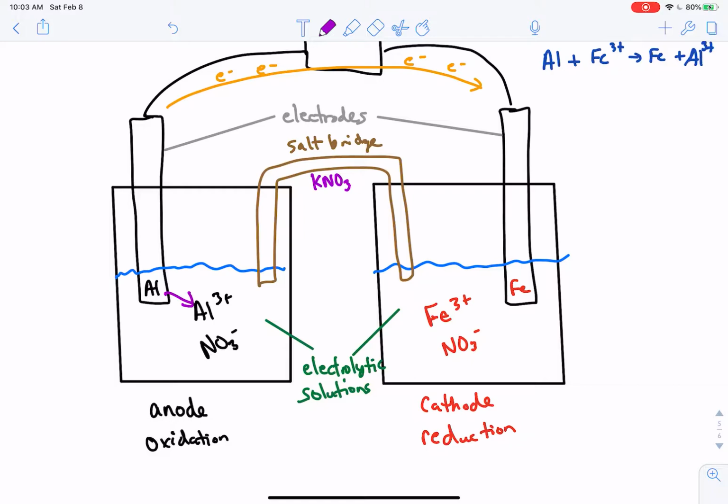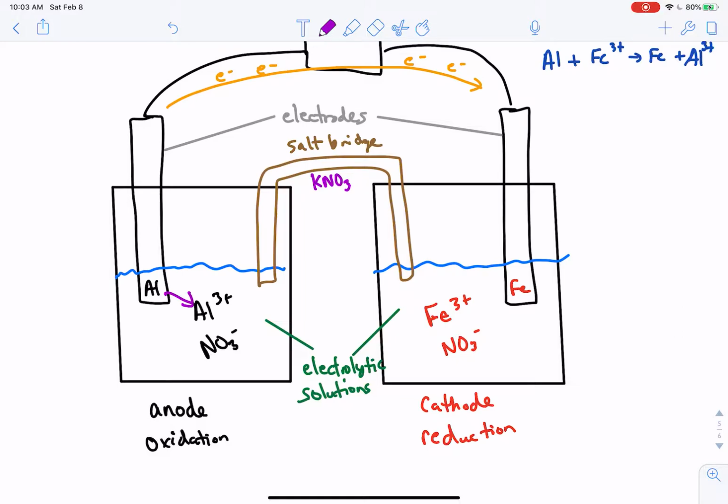Now, the problem is if this solution gets too positive, then our electron is going to want to travel all the way across to this species here. It's going to make the electrons transfer in here, and your circuit's not going to work. So we have to keep this solution neutrally charged somehow. That's the role of the salt bridge.